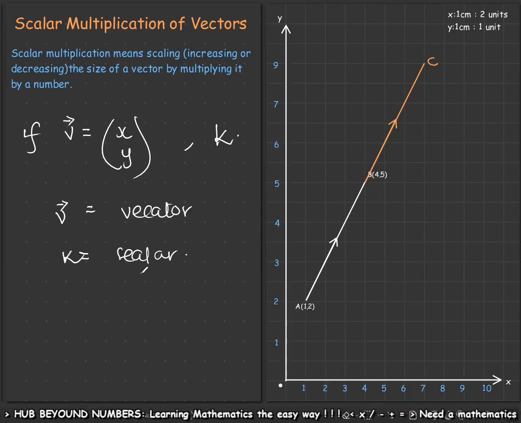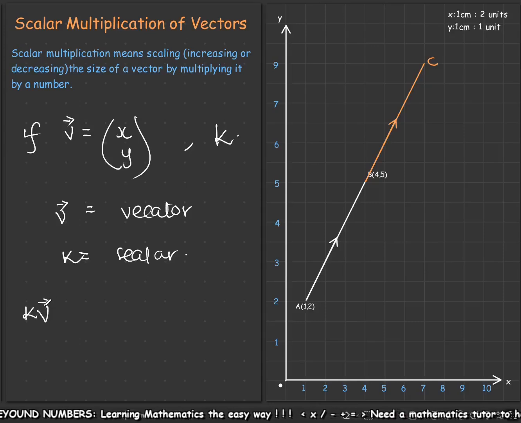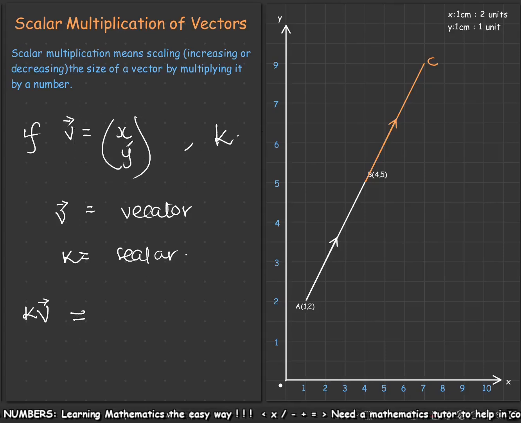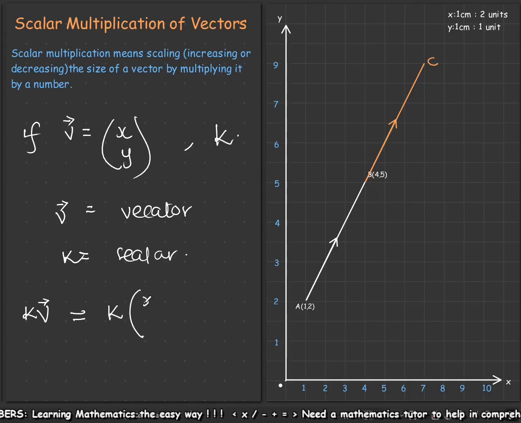Now the scalar can be any real number, either positive or negative. Then we would say that kv is a new vector that you obtain by multiplying your scalar by your vector. That is k times (x, y).